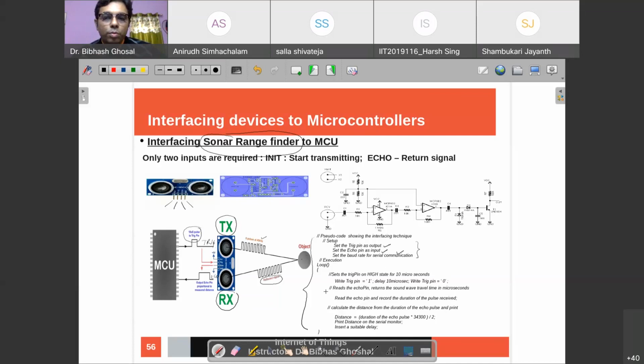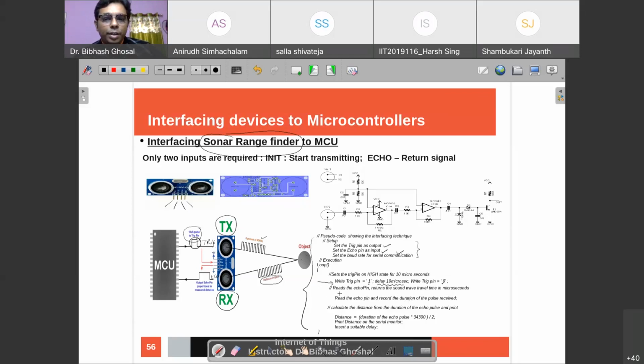And what is my loop? What is the execution that I will be doing? I will turn on the trigger pin to 1. Look at this pulse. I will apply some delay. I will wait for 10 microseconds depending on the frequency. Then I will make this 0. So I just sent out 1 pulse, and that is enough to make the trigger.